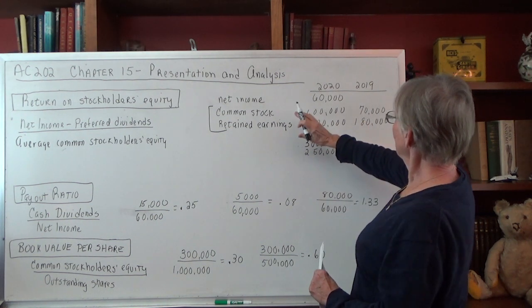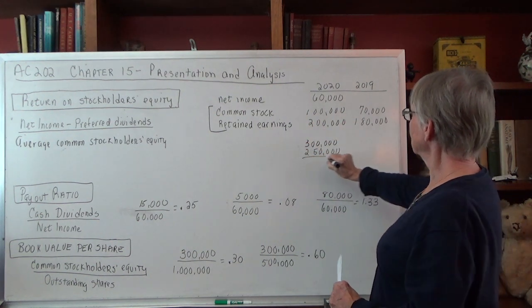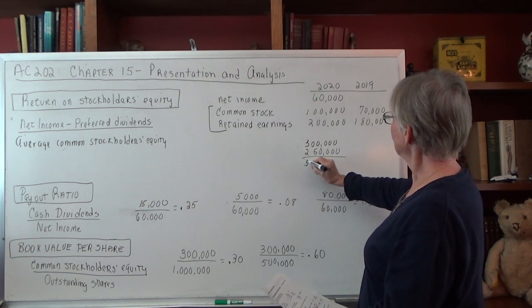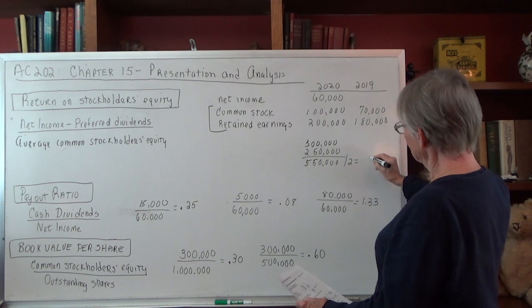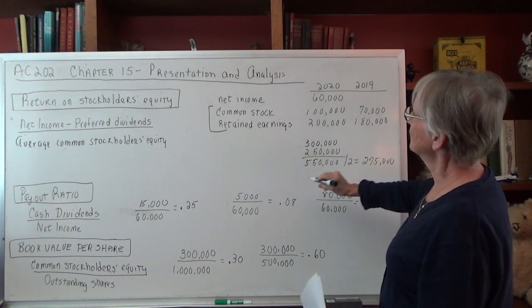So this is the total, that gives you the 300,000 here, the 250, that's your beginning, ending. You add them up, and you would get your 550, divide it by 2 to get the average, and so you end up with average common stockholders' equity of 275.